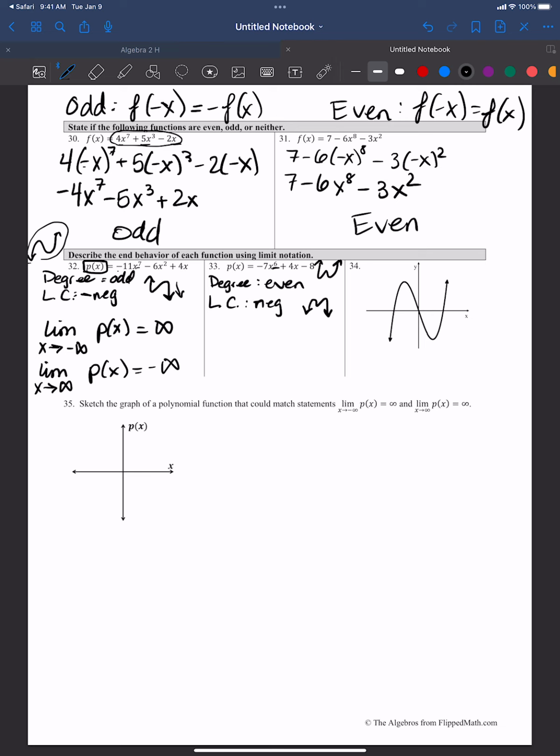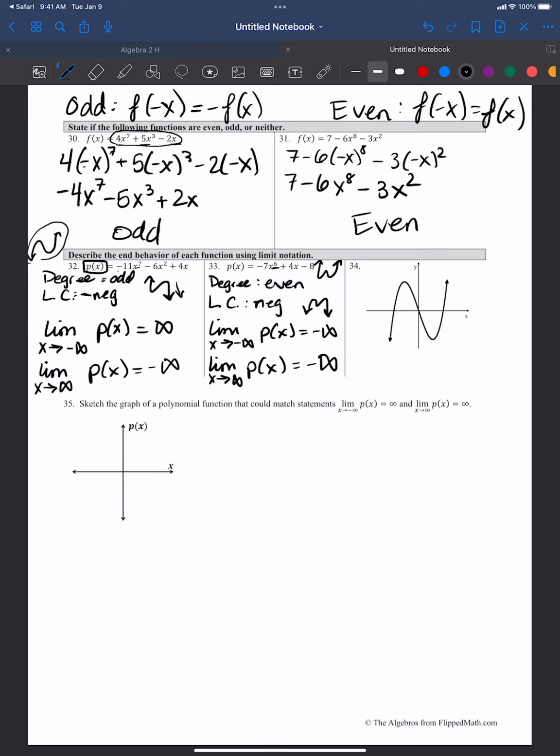Now remember, every even degree function, the end behaviors point in the same direction. So the limit as x is approaching negative infinity, p of x approaches negative infinity, and the limit as x is approaching positive infinity, p of x is also approaching negative infinity.